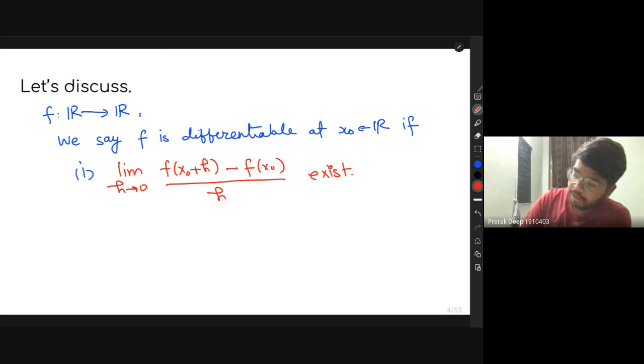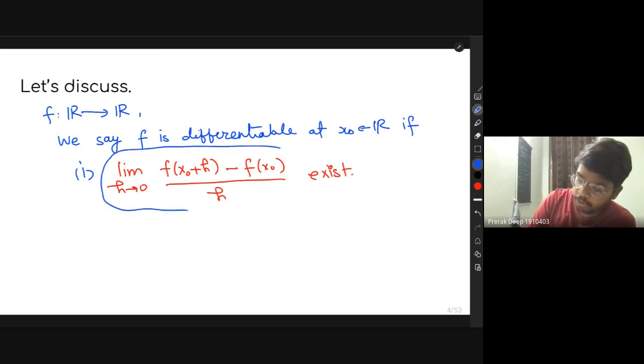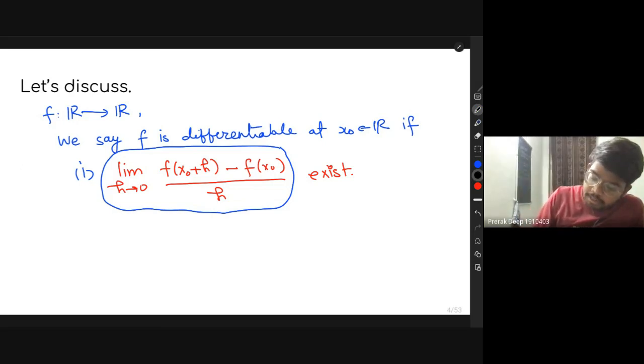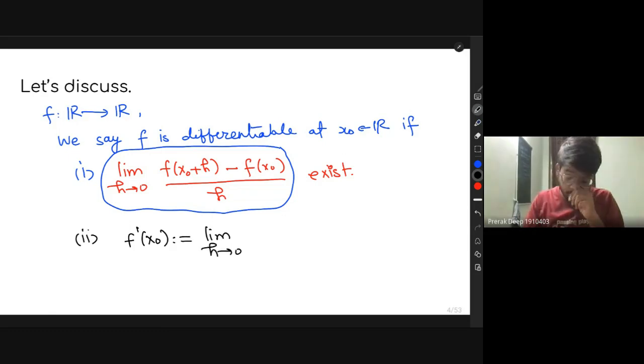So again, we need to compute some limit in order to say whether the function is differentiable at a point or not. Whatever this limit is, we denote it by f prime of x naught.